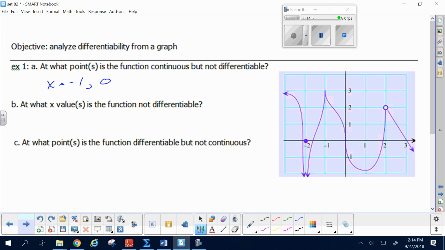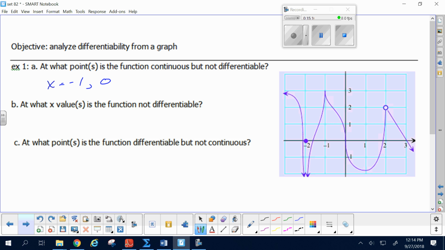Notice I'm saying vertical tangent, not vertical asymptote. A vertical asymptote would fall under discontinuity, right? Vertical tangent means the tangent line goes vertical. Any others? 2, yeah. But it's not continuous there.